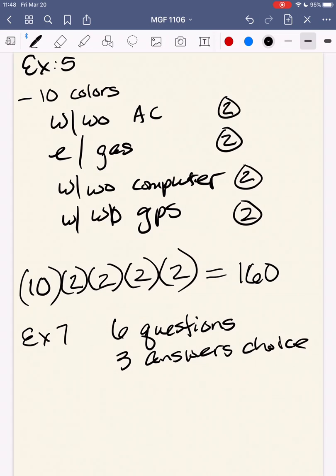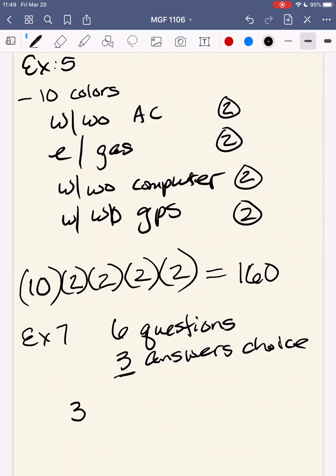That's important. If you selected one of these 3 choices for each question and leave nothing blank, so you've tried all 6 questions, how many ways can you answer the questions? Each question here has 3 choices. So every single question has 3 answers.